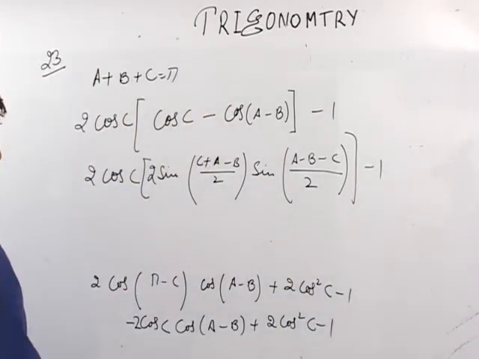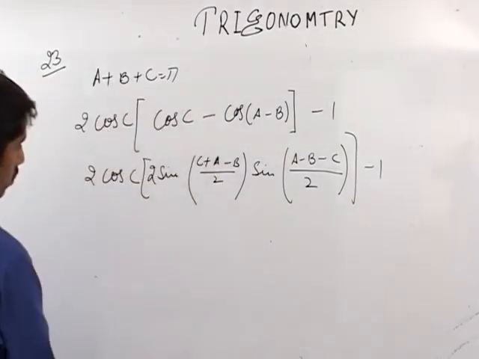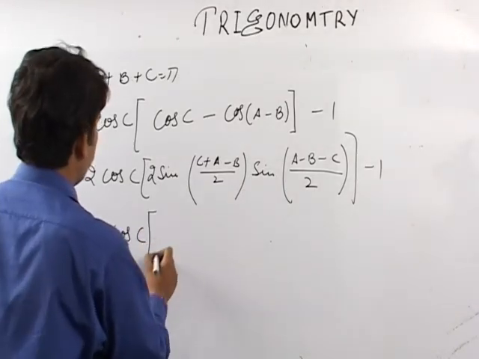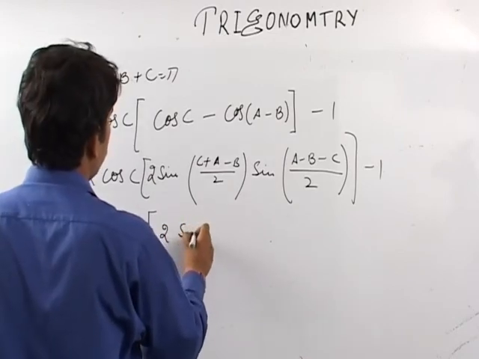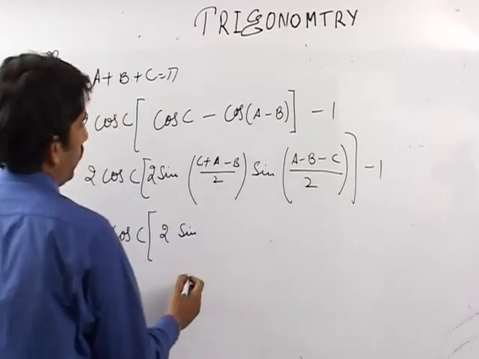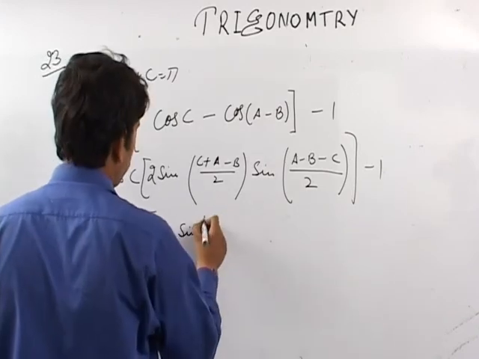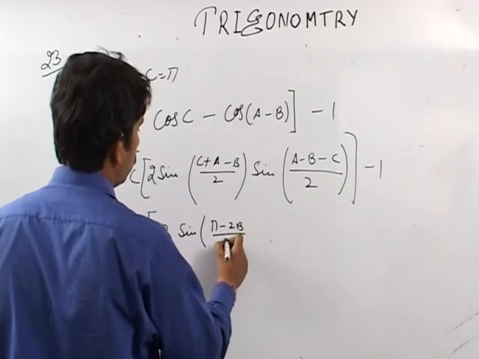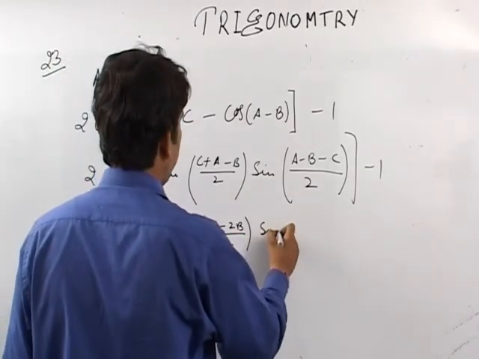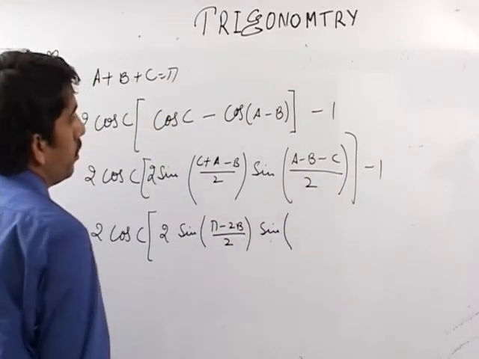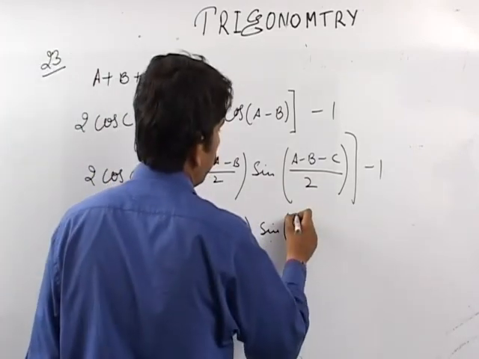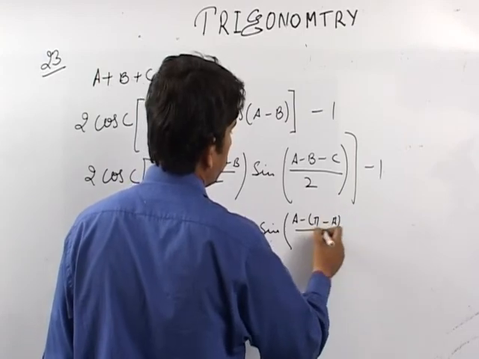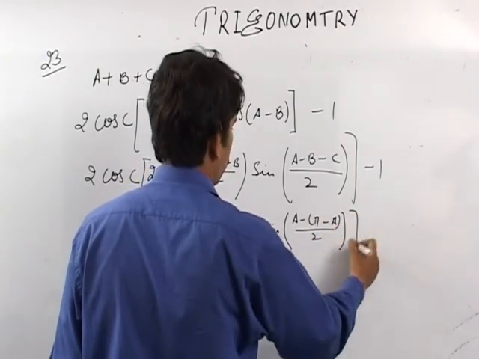Now this will be equal to 2 cos C times 2 sin, where C plus A is pi minus B, so this will be (pi minus B) over 2, and this will be B plus C, so this will be A minus (pi minus A) by 2, minus 1.